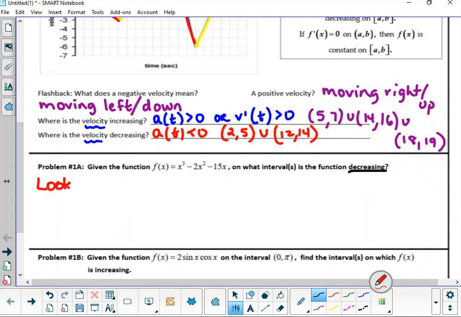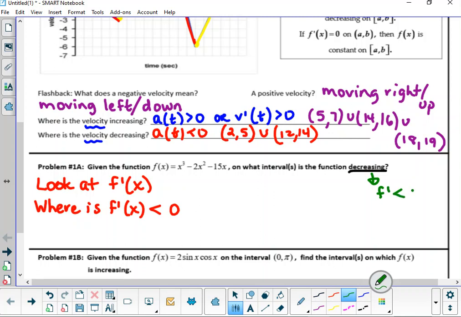We are going to actually look at f prime, where f prime of x is negative. Okay. Function is decreasing when it has a negative slope or its derivative yields a negative value.